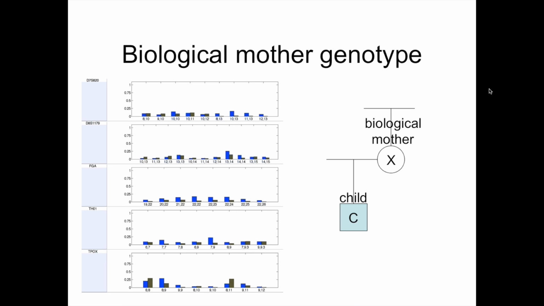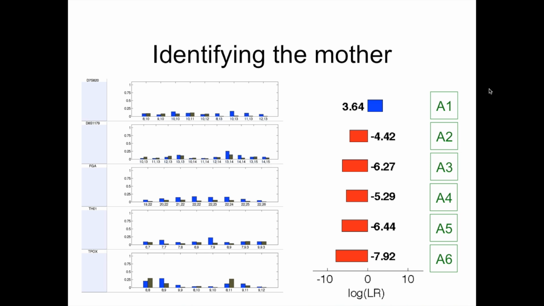for identification. And so in this case, when we make the comparison of the inferred biological mother's genotype from the kinship data of the child relative to the 6 individuals, A1, A2, A3, A4, A5, and A6, what's shown on the right is the total log likelihood ratio.